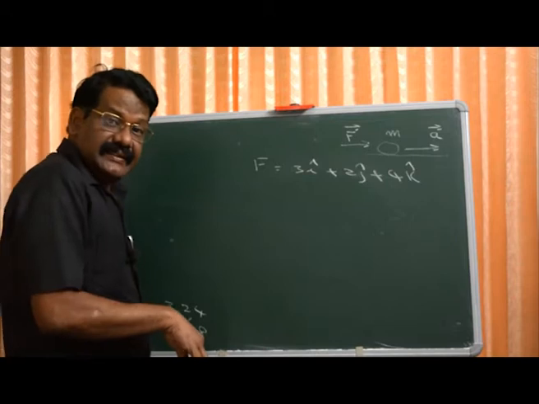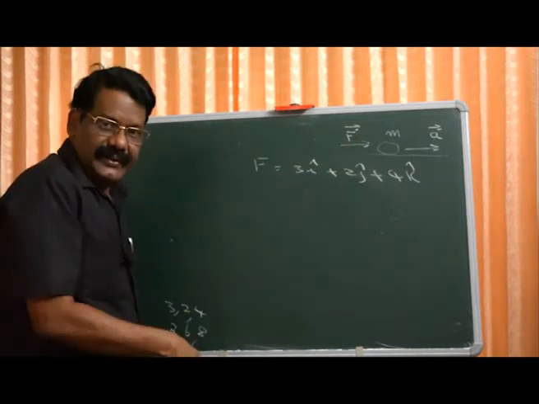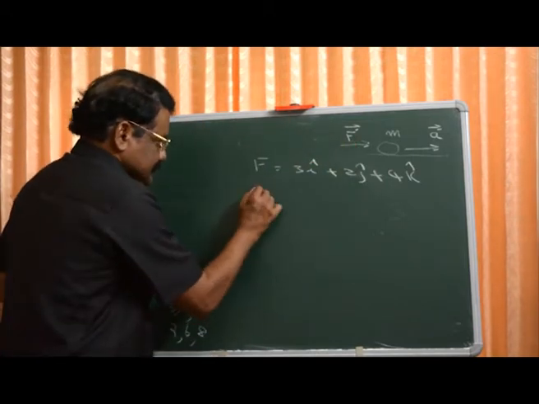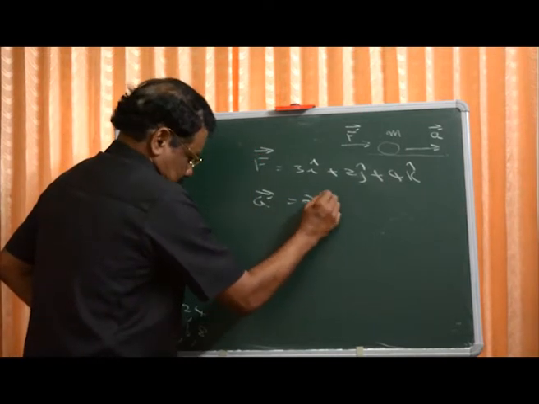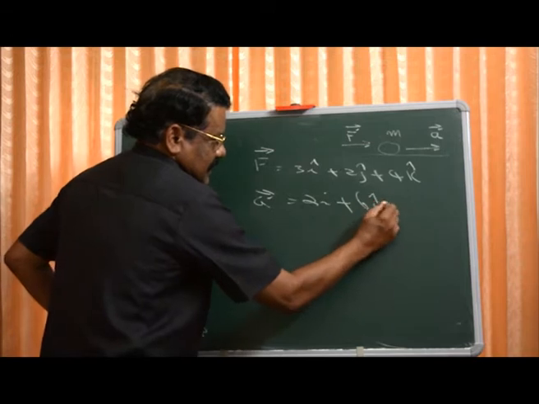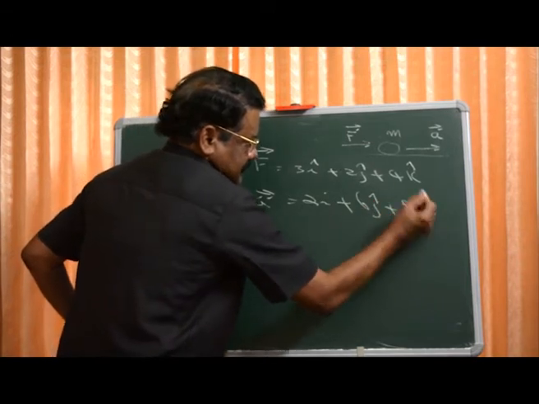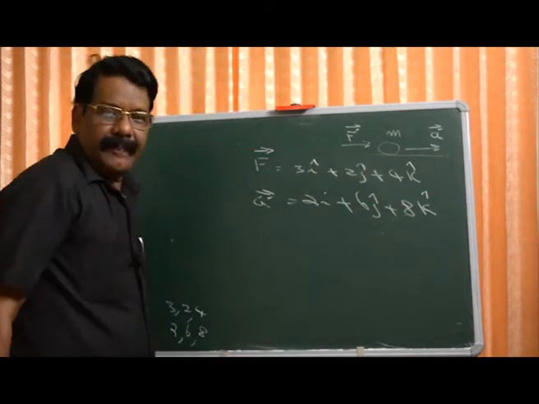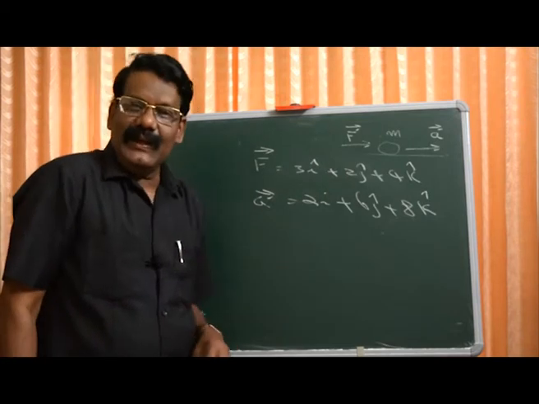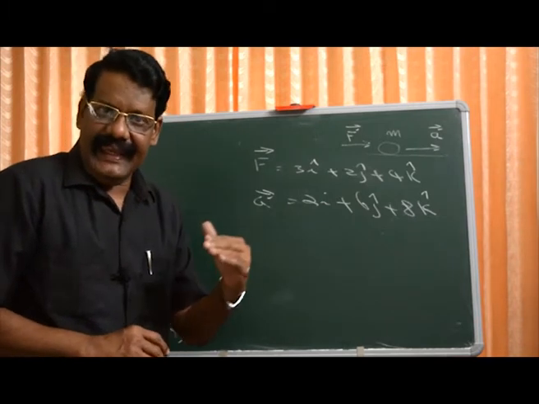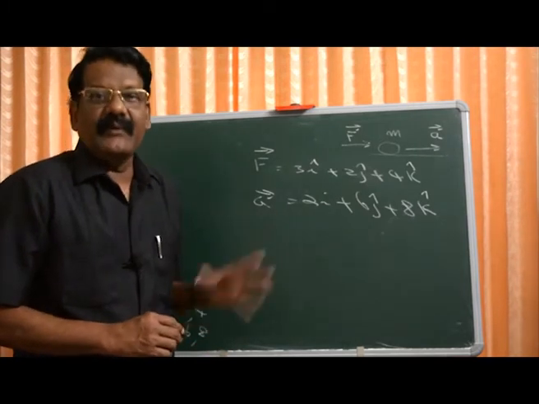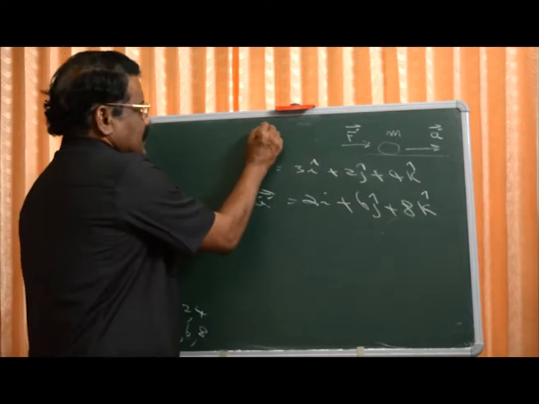And the acceleration of the ball in the liquid is 2i plus 6j plus 8k. By using Newton's second law, F is equal to ma, I want to couple A and F. How is it possible? Look at this carefully.